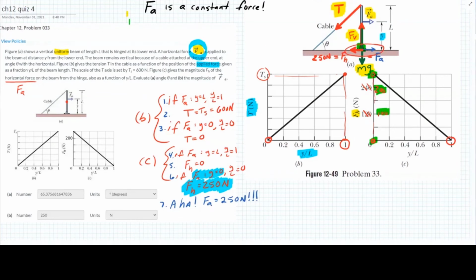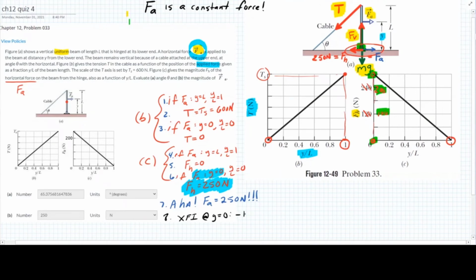And we could do an X force inventory. So number 8, let's do an X force inventory at y equals 0, which you see there in the picture. Ready, set, go.